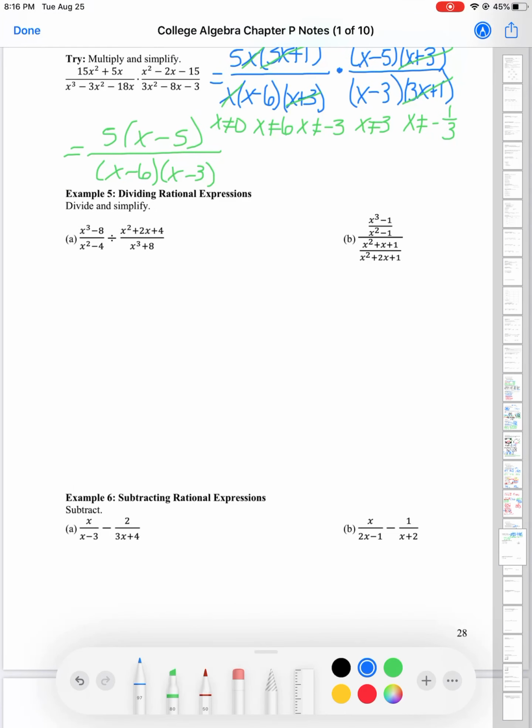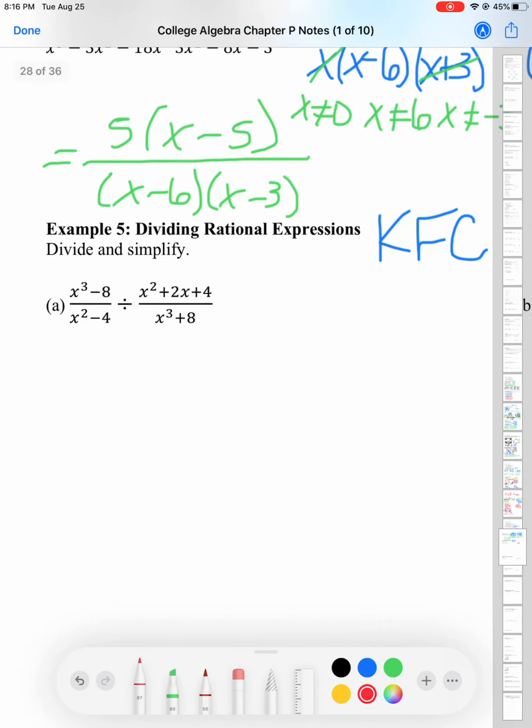All right, dividing rational expressions. So the only difference with dividing is we keep it, flip it, change it. So we're going to flip the second fraction and change the sign to multiplication. So on part A, we flip this fraction.